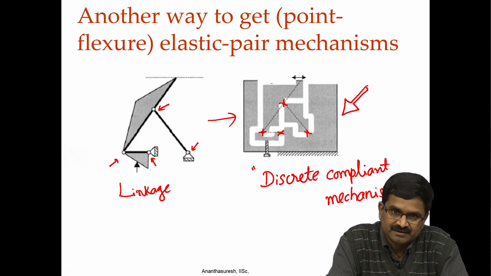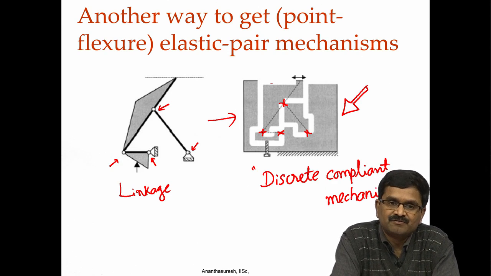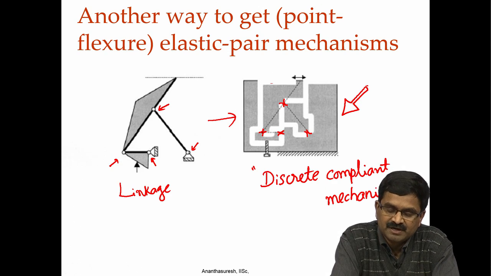Why are they bad? Why are they not good enough? They are not good enough because the range of motion will be quite limited if you use these elastic pairs. They are excellent when the range of motion is limited. In fact, they are widely used in precision mechanisms, where the range of motion is not as important as avoiding backlash and friction related and wear related problems.